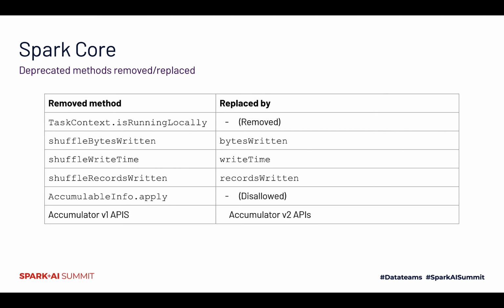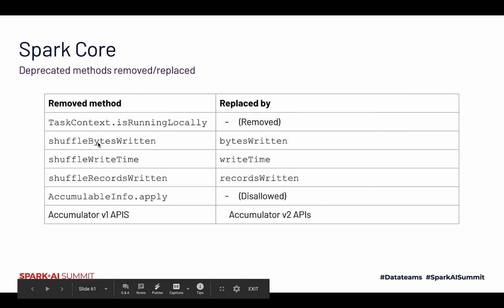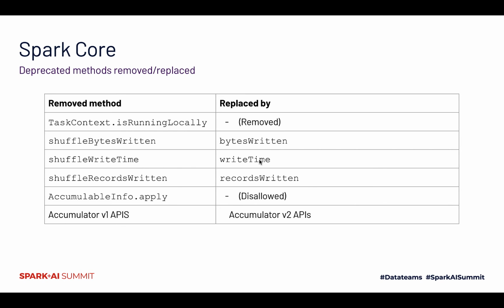A few other things have been changed, just a few method renames. Number one, shuffle bytes written has been renamed to bytes written. Shuffle bytes write time is renamed to write time, and so forth. A few of these renames shouldn't affect a lot of people, but it could affect you if you've written some of these listeners. The other thing worth calling out here: there was a method in task context called isRunningLocally.